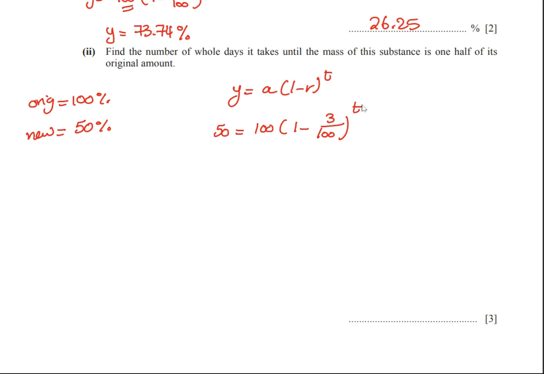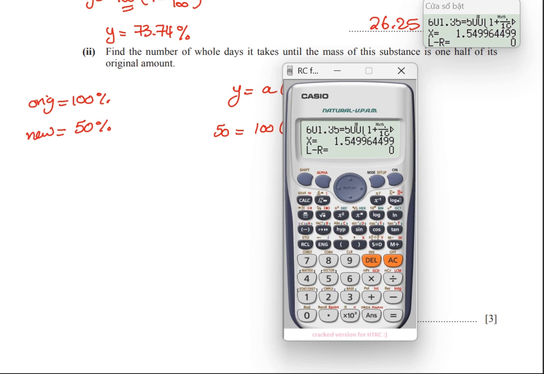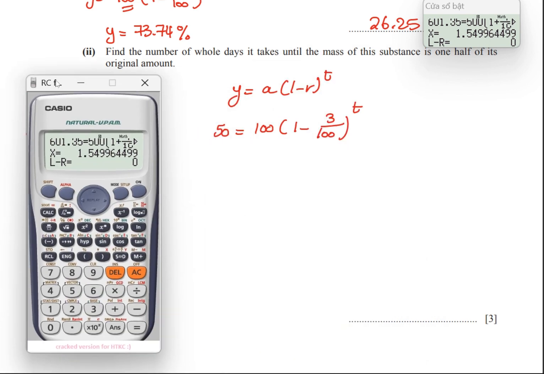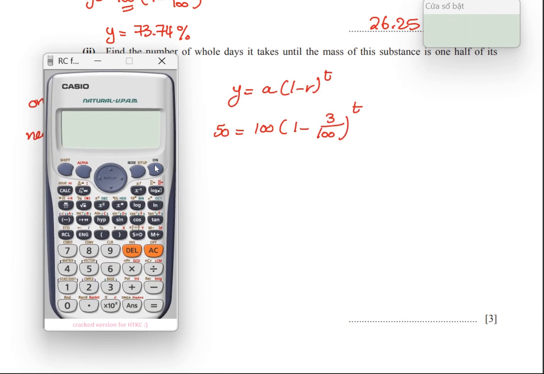Okay, now go to the calculator and let's do it. Write the equation first, and you can do it any other way. You can do it using log, you can do it using the exponential, whatever.